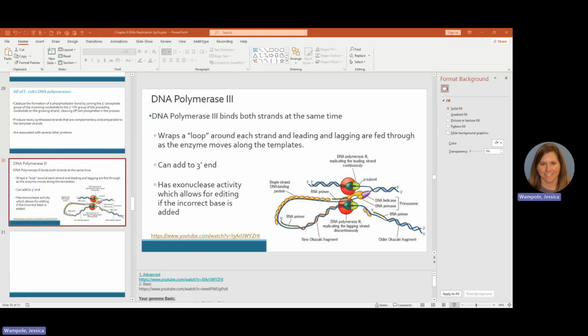So we've had our primers come in, we've had DNA polymerase working on our molecule. On the leading strand, I'm going to draw in our primer and then our newly synthesized leading strand.